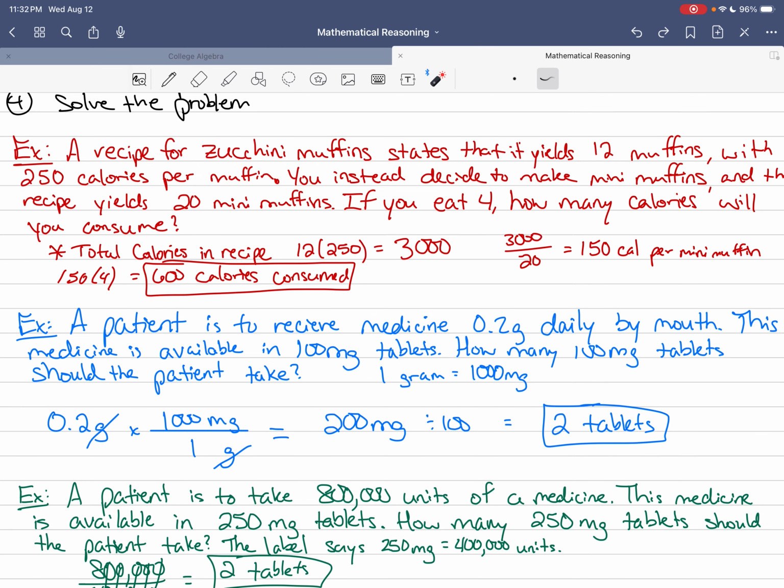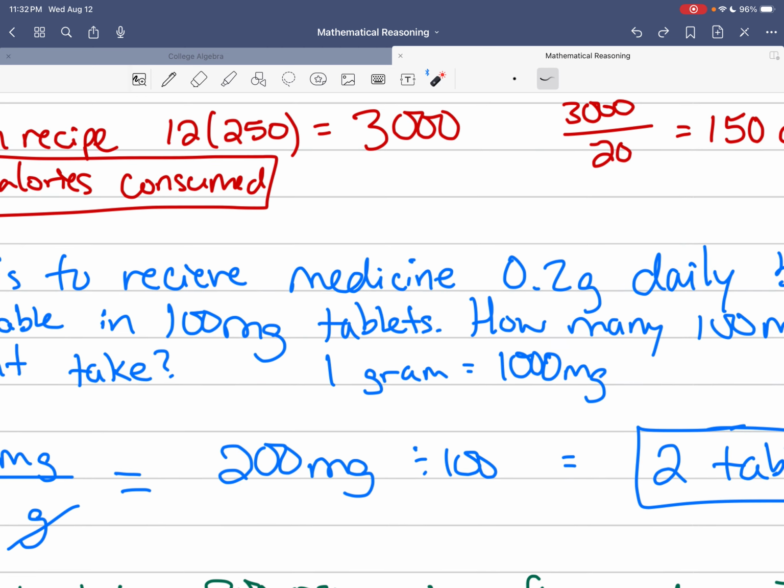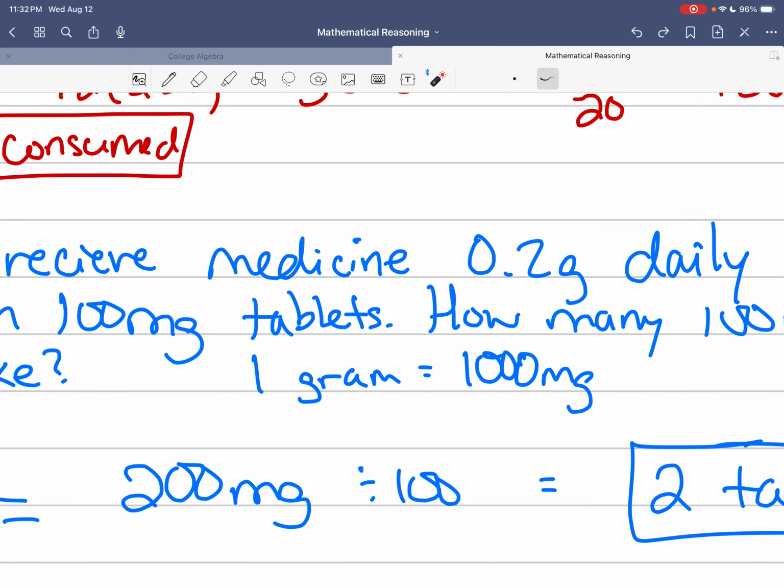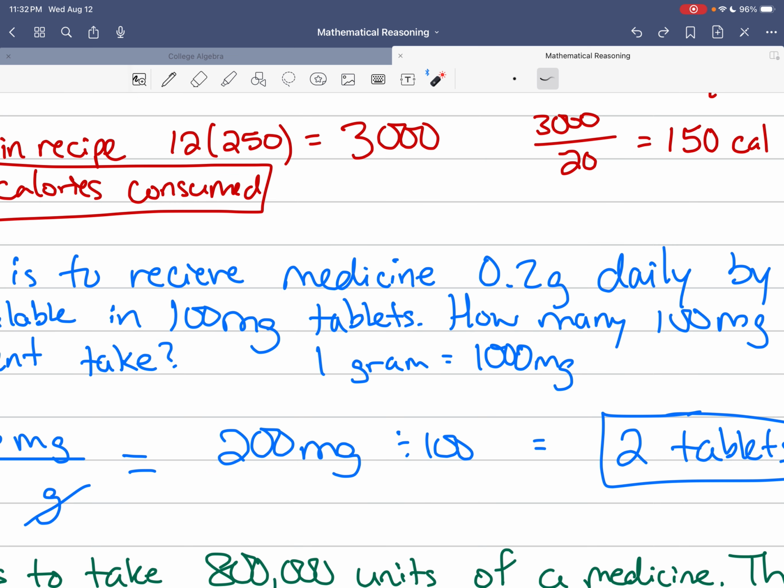Okay, so important to keep in mind here with your conversions: 1 gram is equal to 1,000 milligrams. So we need to convert these grams into milligrams, that way we can figure out how many of these tablets our patient needs. Because they only have to take 0.2 grams, but our tablets are only in milligrams. So we've got to figure out how to make that make sense.